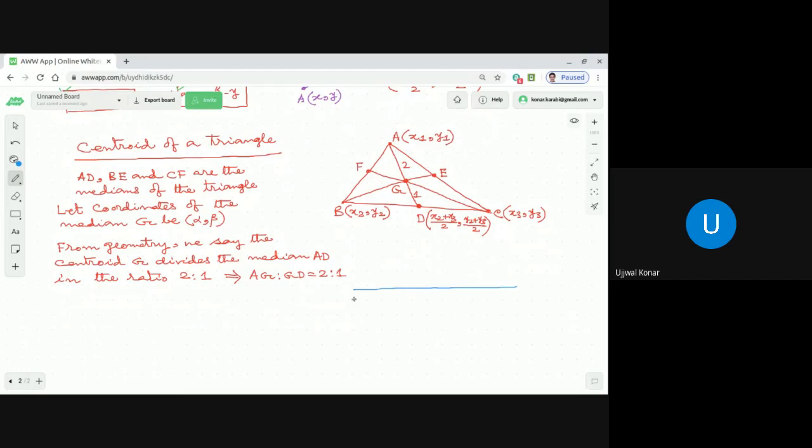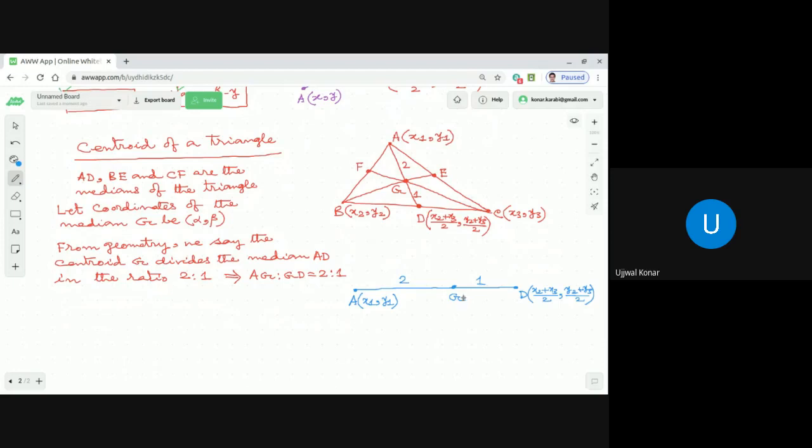This is the point A, this is the point D, and this is the point G. AG is to GD is 2:1, and we know the coordinate of the point A is x1, y1, and the coordinate of the point D is (x2 plus x3)/2, comma, (y2 plus y3)/2.